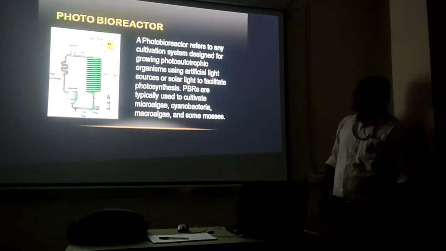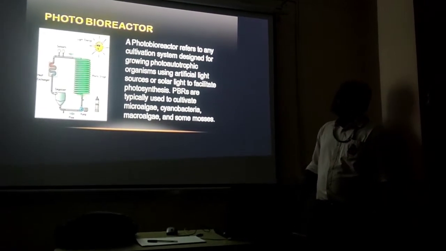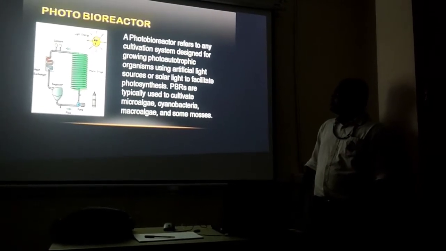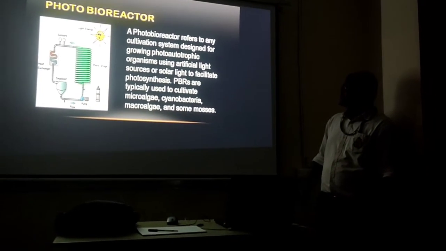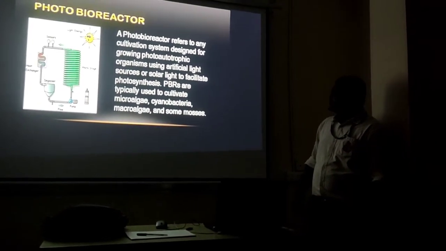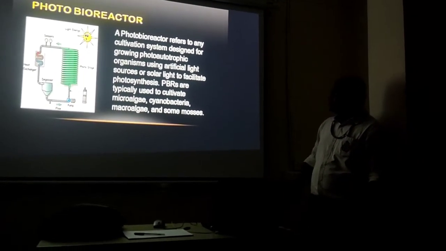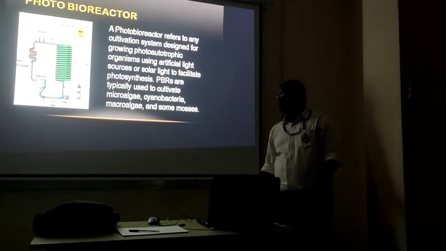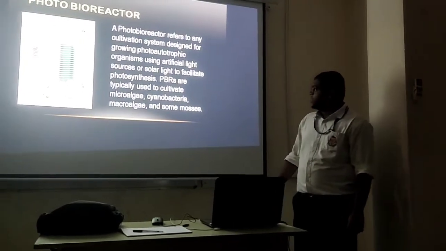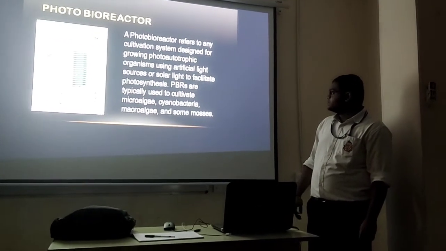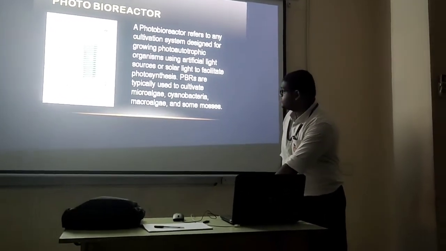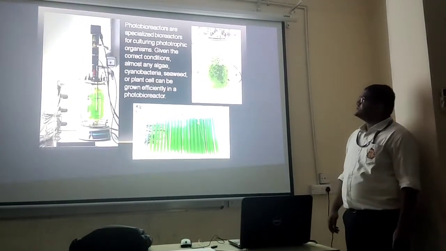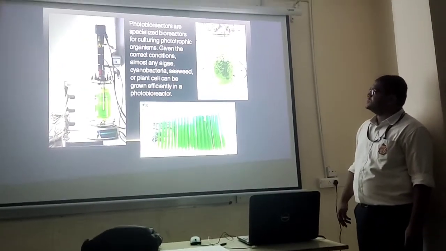Coming to the next one, the photobioreactor, which refers to a cultivation system designed for growing photoautotrophic organisms using artificial sources or sunlight to facilitate biosynthesis. PBRs are typically used to cultivate microalgae, cyanobacteria, and some mosses. Photobioreactors are specialized bioreactors for culturing phototrophic organisms.